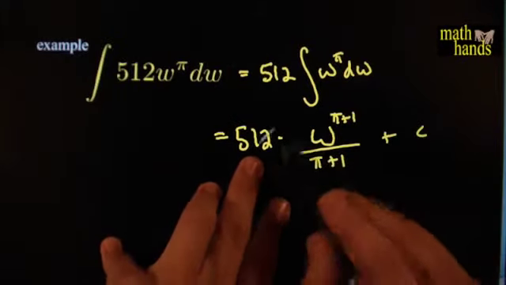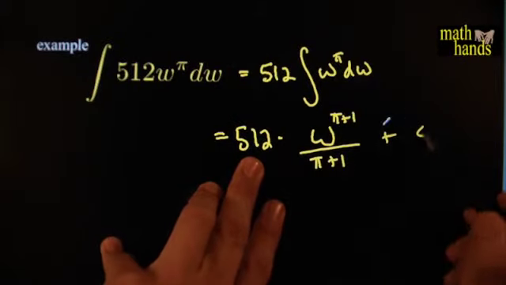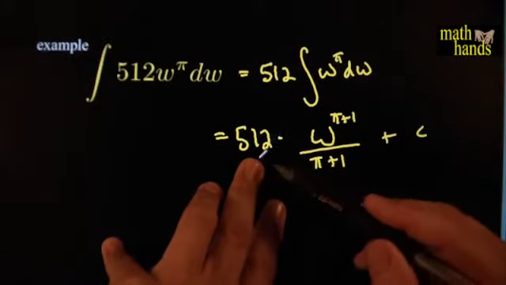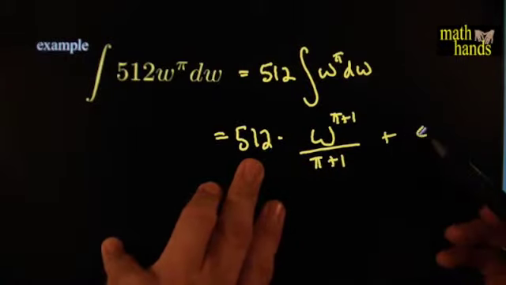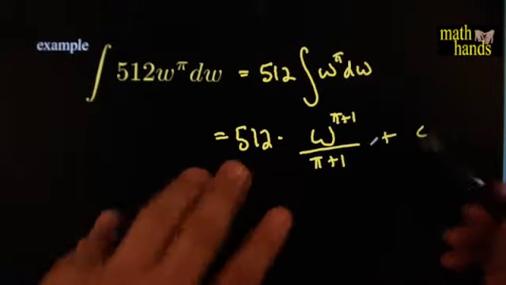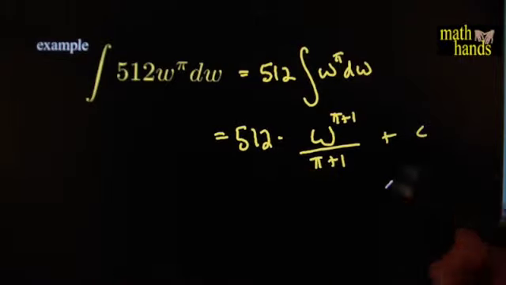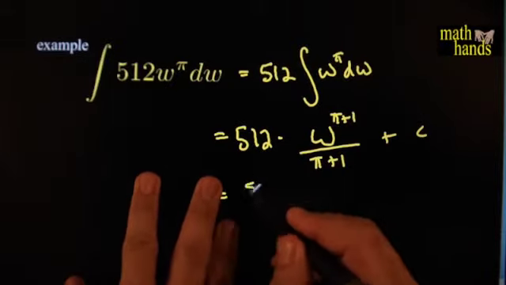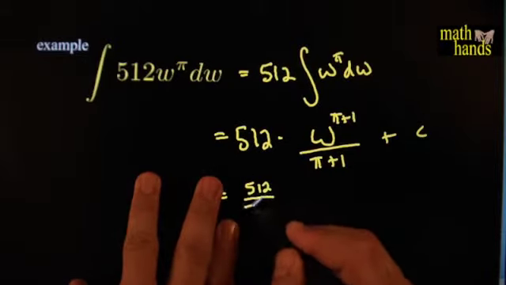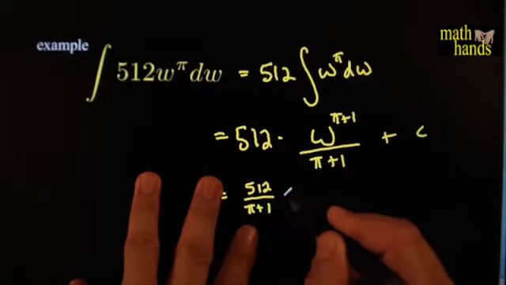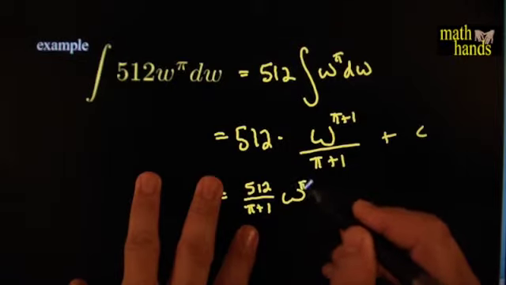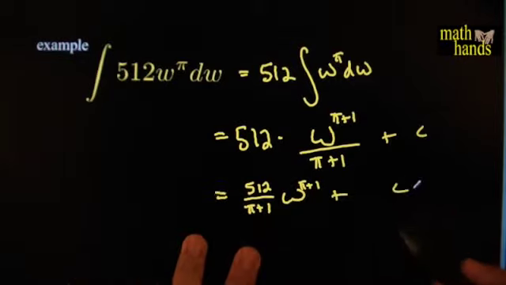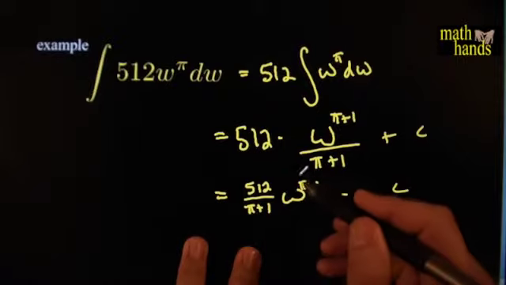And you don't even have to distribute this 5/12 times the constant, because it's just a constant. So if I multiply by 5/12, it's still a constant, so it'll absorb it. It'll just be a different constant, but there's no point. You can call it whatever you want. There's no point in changing that. And so the grand total you could write is 5/12 all over pi plus 1 times w to the pi plus 1 plus a constant. That would be acceptable. Okay?